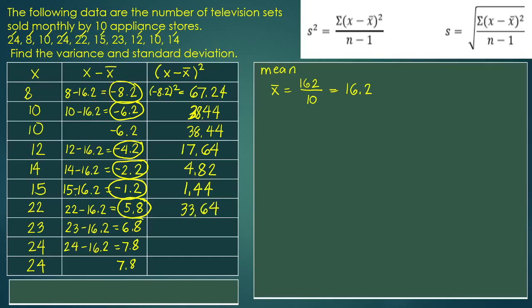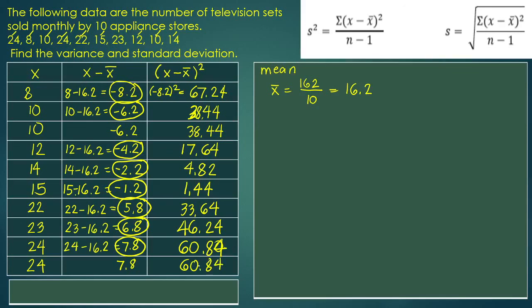What about 6.8 squared? 46.24. What about 7.8 squared? 60.84, 60.84.